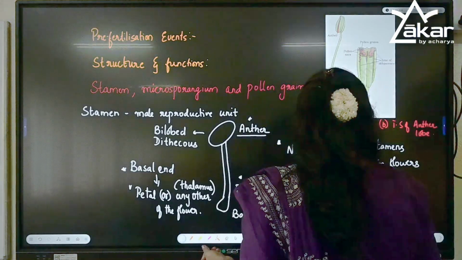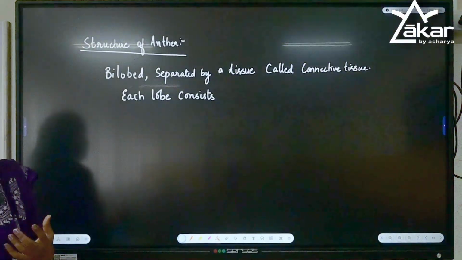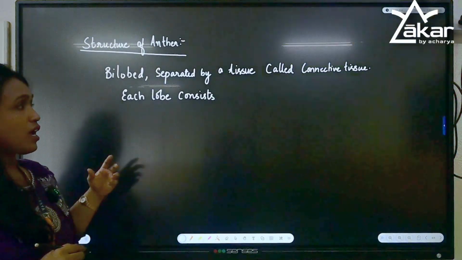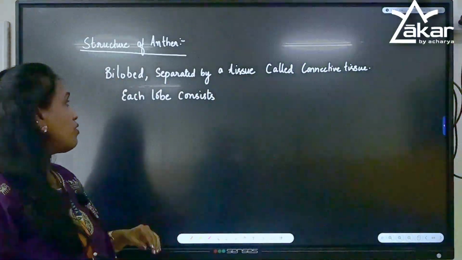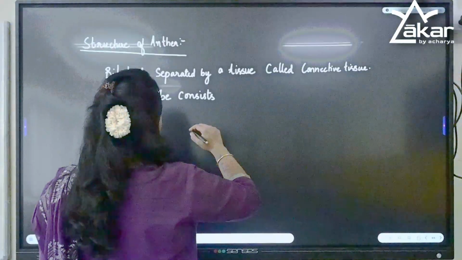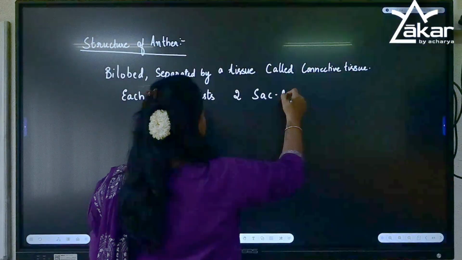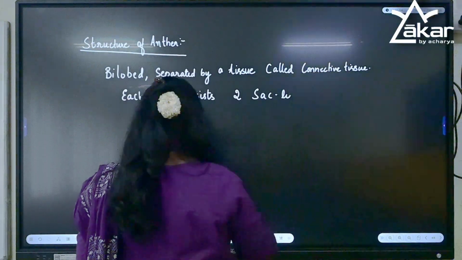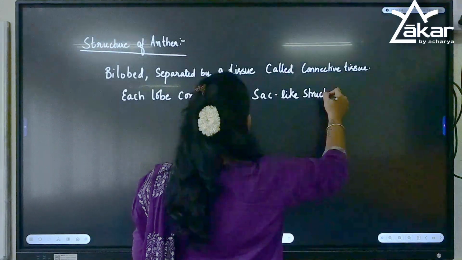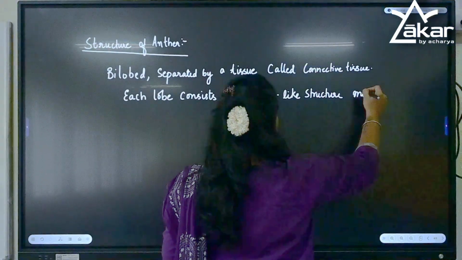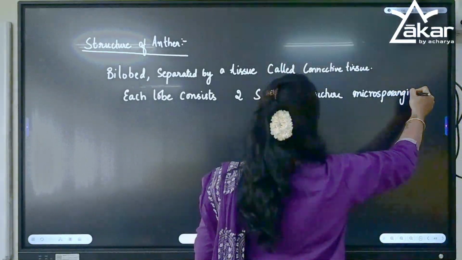Now let's go with the next concept of studying the anther in detail. What is anther? As I told, it is a bilobed structure separated by a tissue called connective tissue. Each lobe consists of two sac-like structures which are called microsporangia or sporangium.